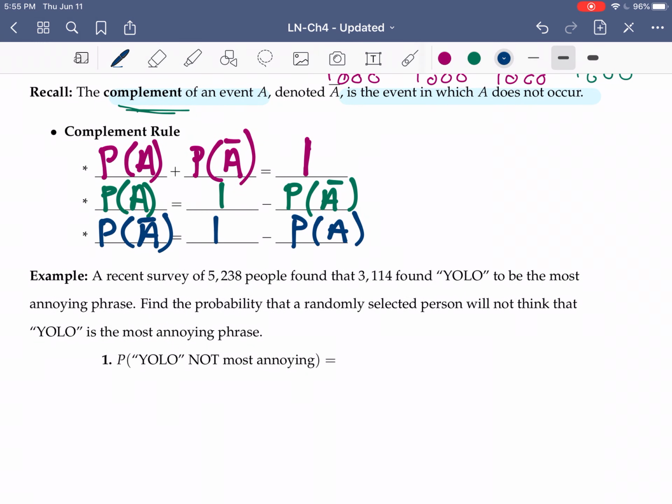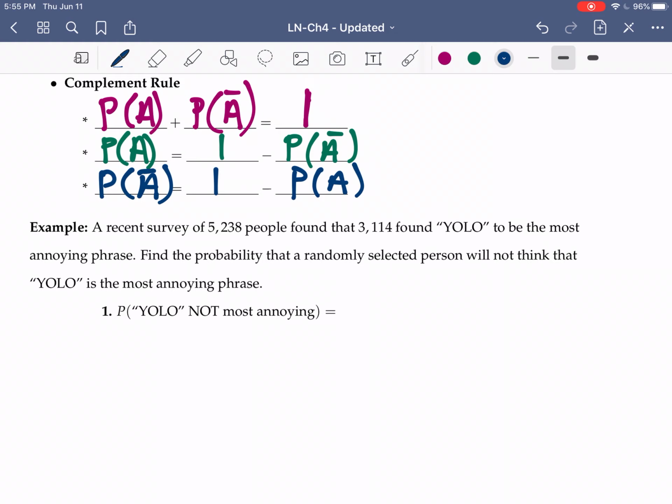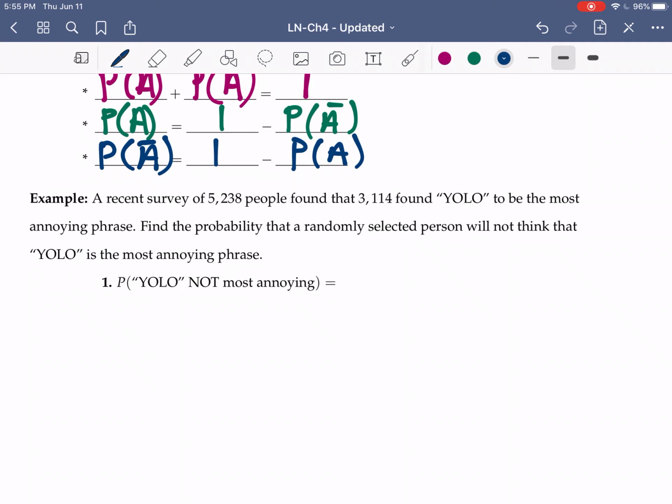All right, so let's look at an example. A recent survey of 5,238 people found 3,111 found YOLO to be the most annoying phrase. Find the probability that a randomly selected person will not think that YOLO is the most annoying phrase.